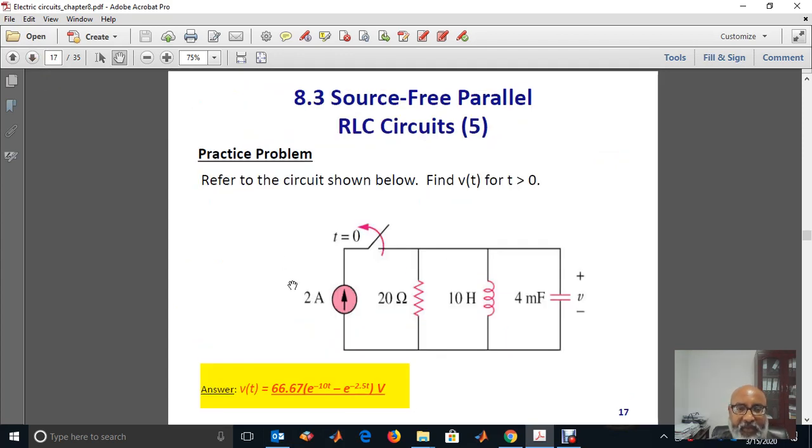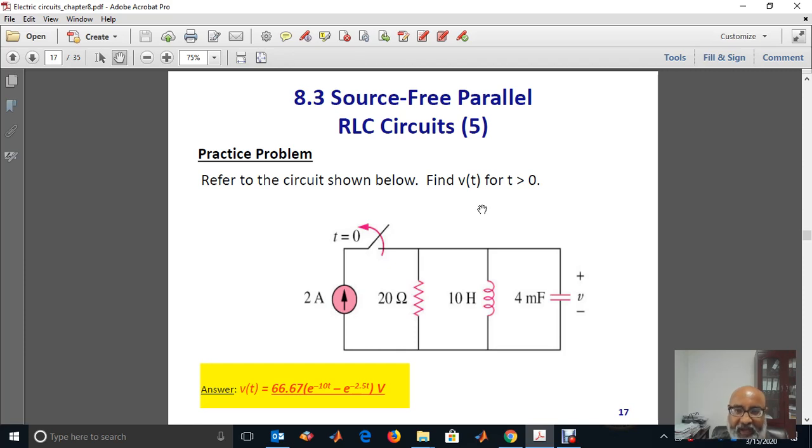Okay, this is a practice problem. Again, this is a parallel RLC circuit, and we need to find V of t for t greater than 0. Remember the steps to find the solution: first we need to determine alpha, and then determine omega naught.